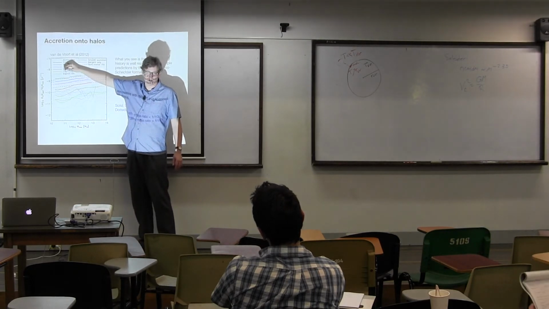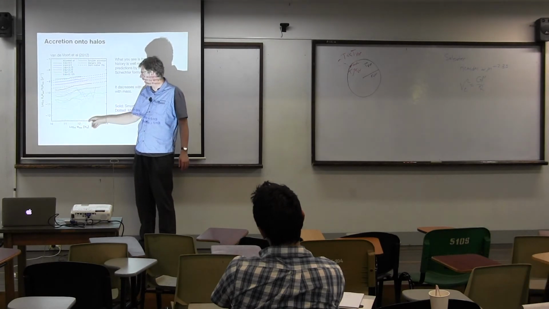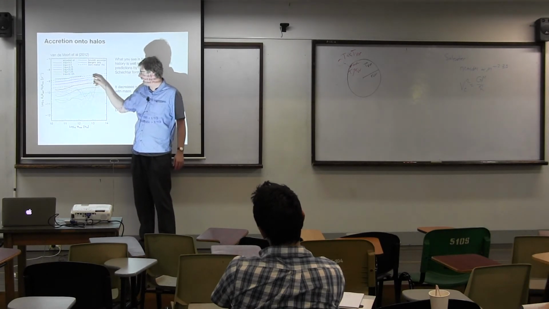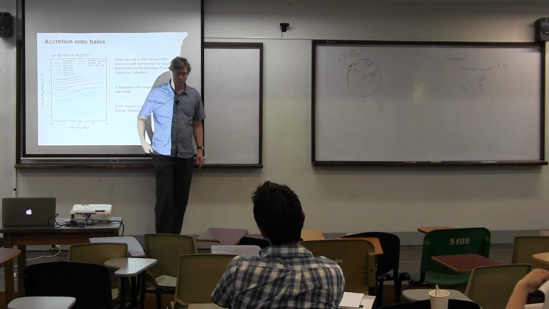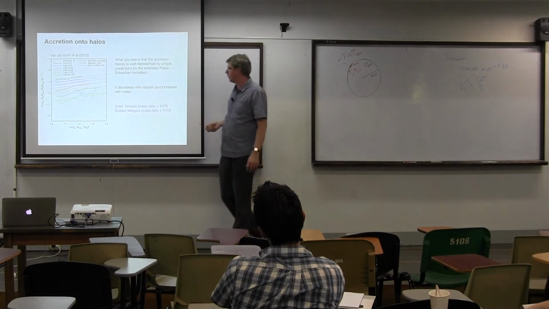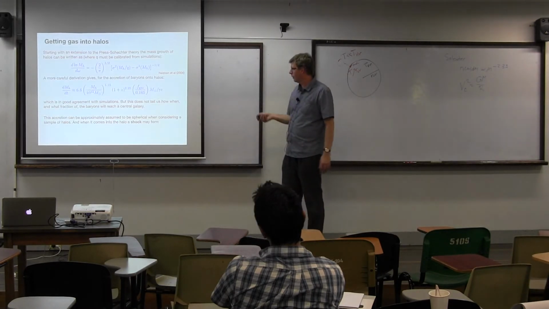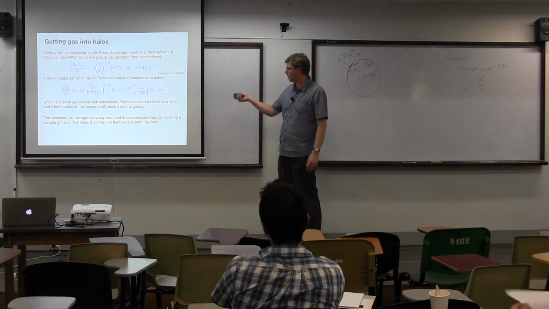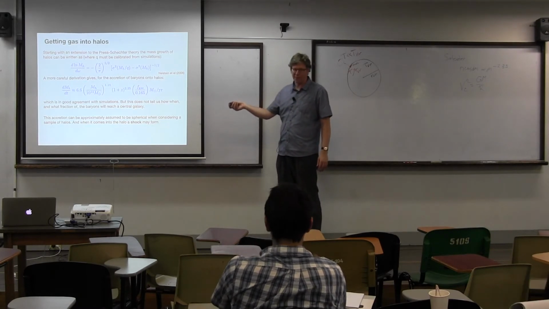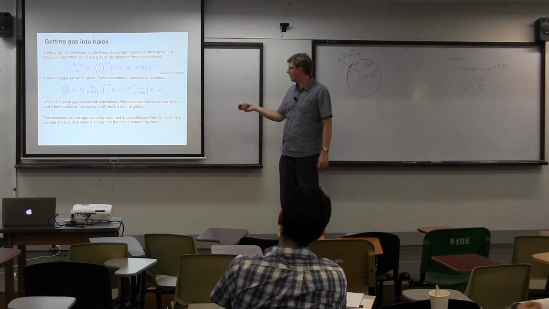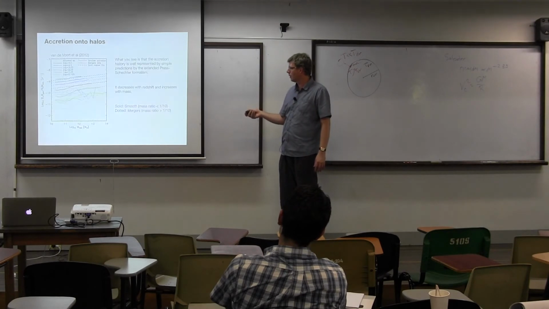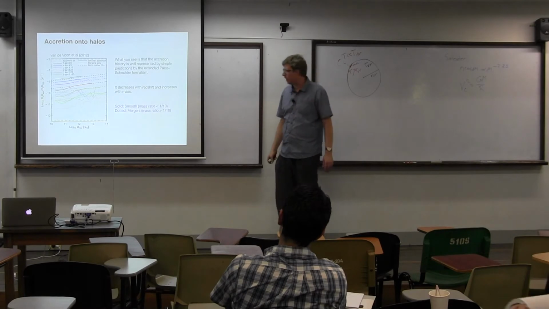So these are different redshifts, and this is the halo mass. And the dotted lines here are the approximation that I showed you earlier. It's this function, but for the halo, not for the baryons. But you can see that it actually is a very good description of simulations.